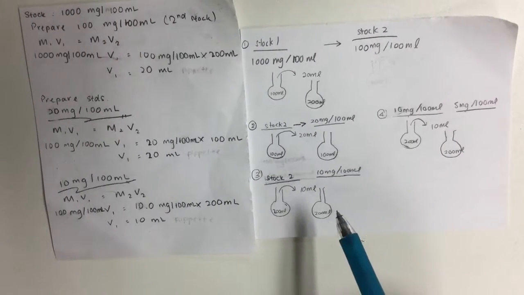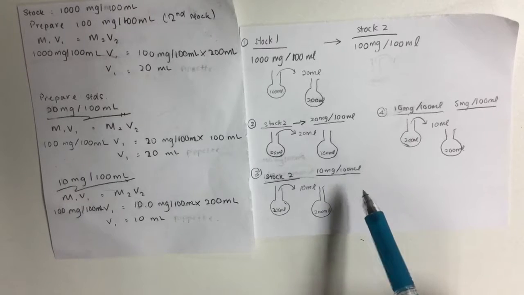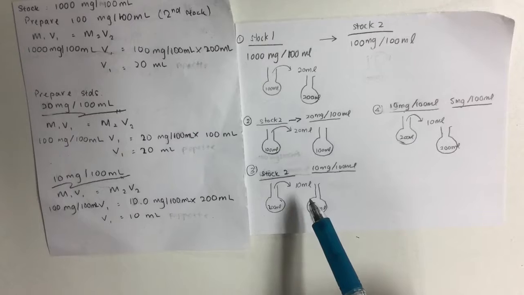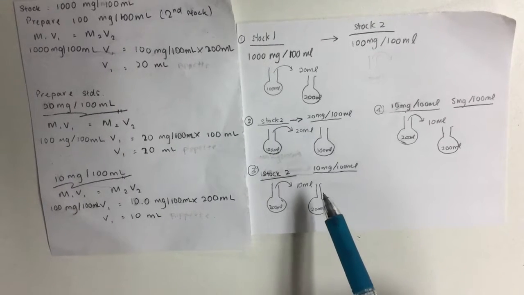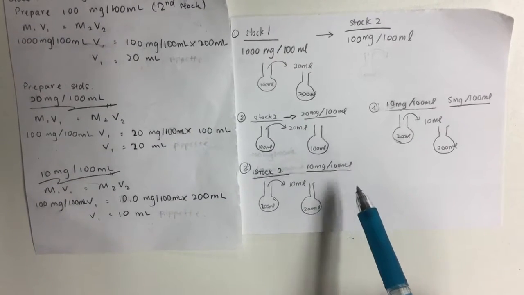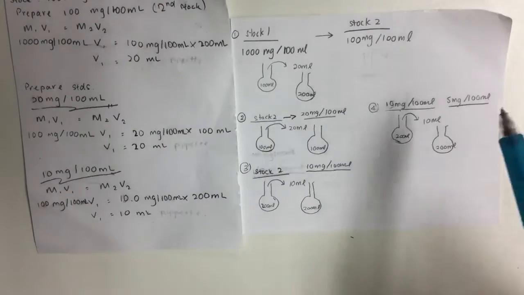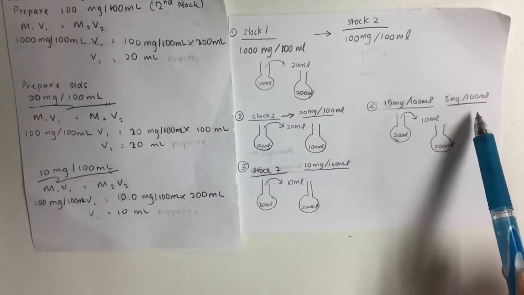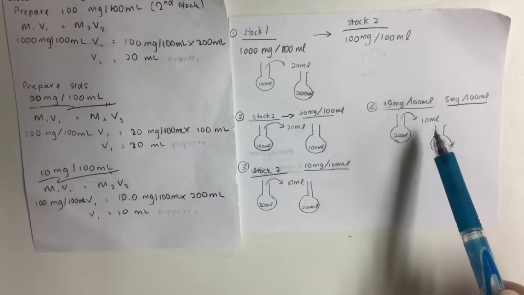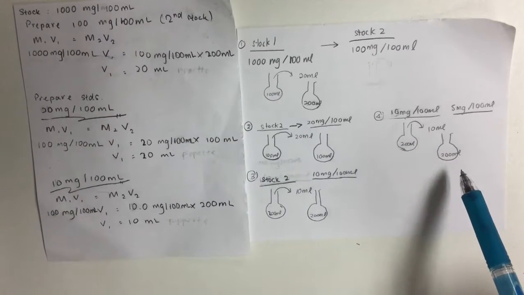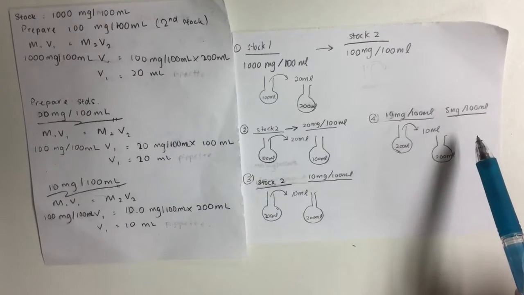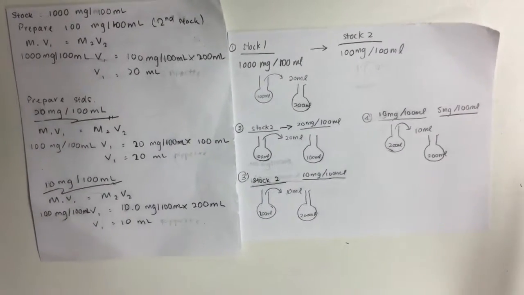Then, to prepare 10 mg per 100 ml, we will take 10 ml from stock 2 again and put it into a 200 ml volumetric flask to become our 10 mg per 100 ml standard. Then to prepare our 5 mg per 100 ml standard, we will take 10 ml from the 10 mg per 100 ml standard into a 200 ml volumetric flask, and that will become our 5 mg per 100 ml standard.